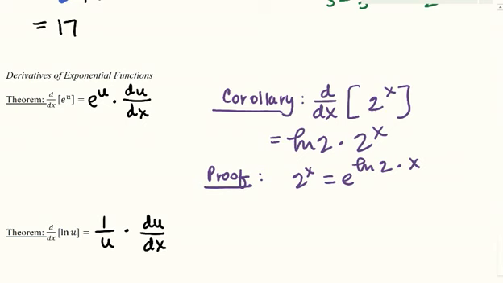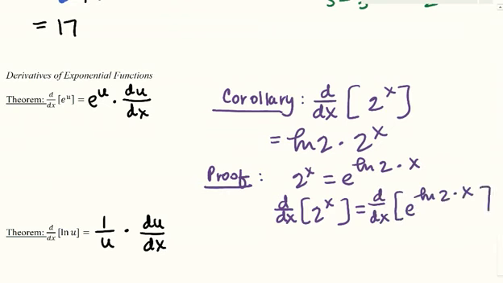Okay, so now I'm going to use the chain rule. The derivative of e to a thing is just e to that thing. But remember, we've got kind of an inside.